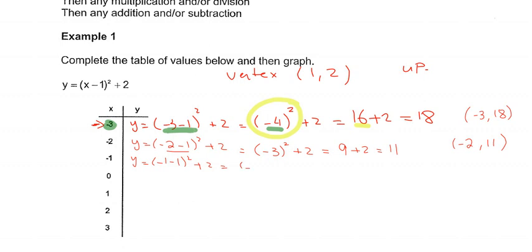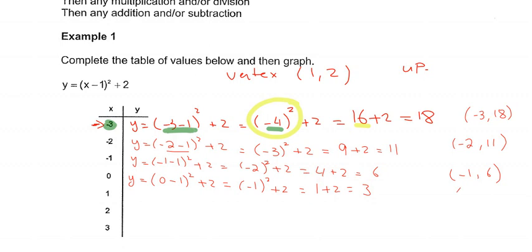Negative 2 squared is 4. 4 plus 2 is 6. Again, I'm going to have to replace x with a 0. 0 minus 1, that's negative 1. Negative 1 squared is 1. And 1 plus 2 is 3. So my point is 0, 3.